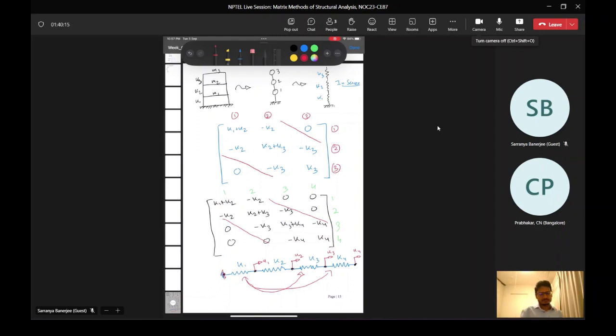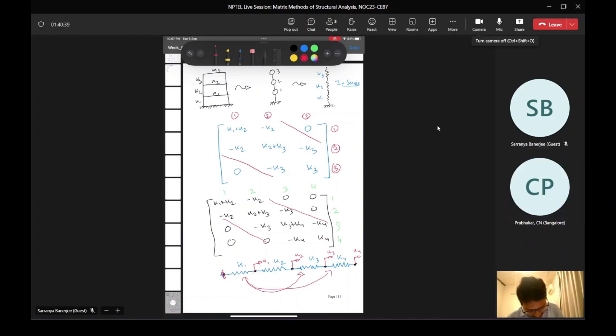Now if we are talking about U1, any displacement in U1 leaving everything else out, will that have any effect on K3 or K4? Just think about it.